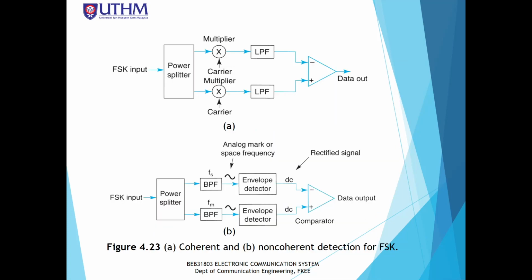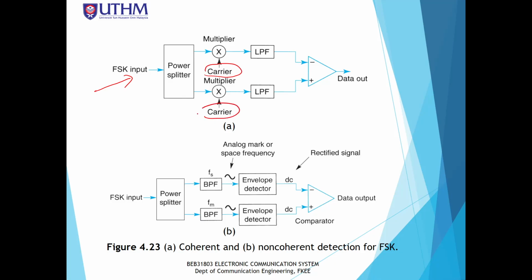And this is for the detection process in the receiver, how we want to produce the output data. You see here we have an FSK input, and then we have the power splitter to split the power. Then it goes to the first multiplier and second multiplier. In the multiplier, we multiply with the carrier.